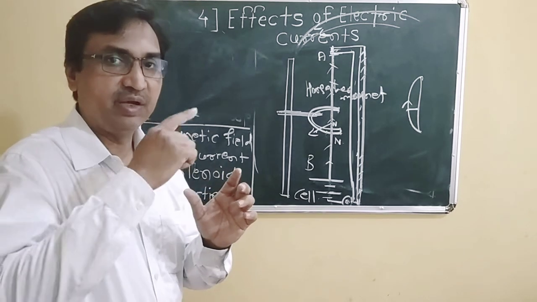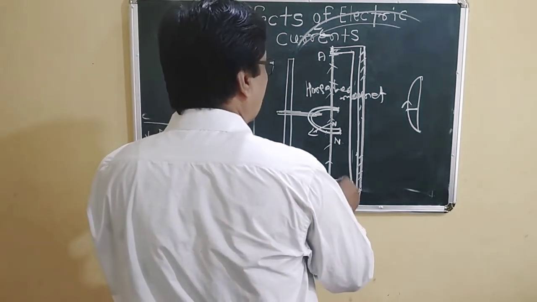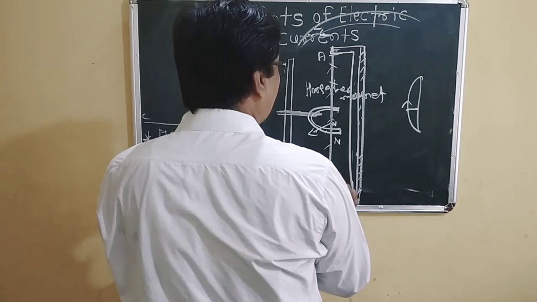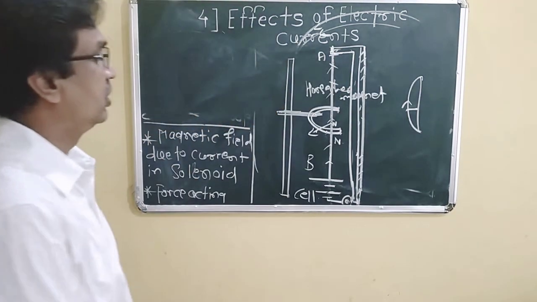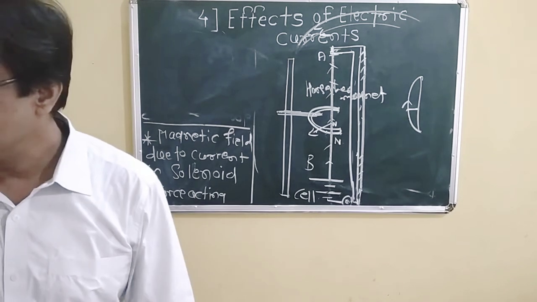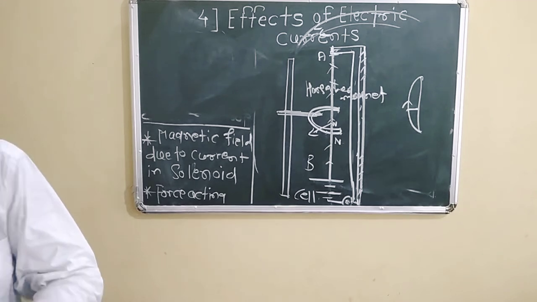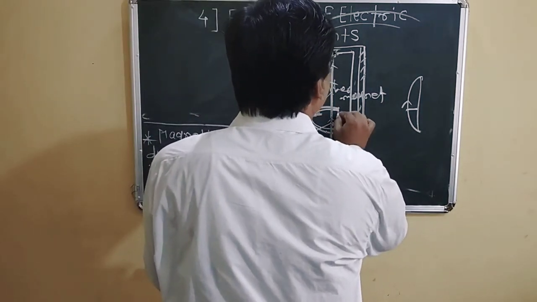So instead of bottom to top, electric current is passing from top to bottom. At that time we can see that the current carrying conductor bends towards this side.